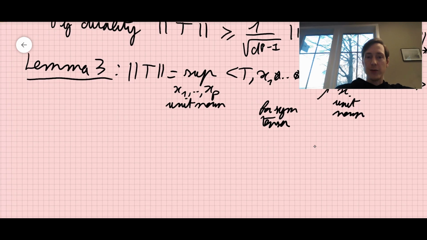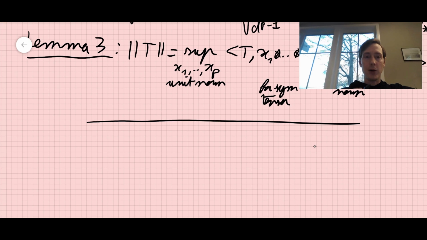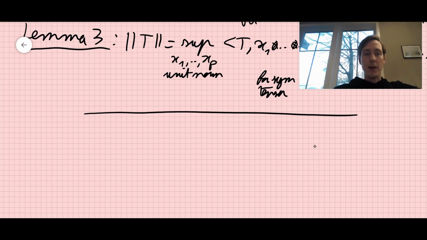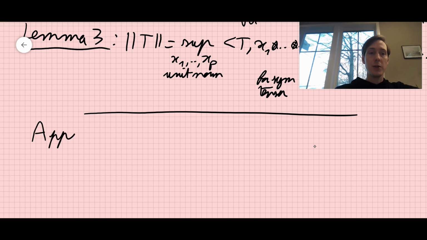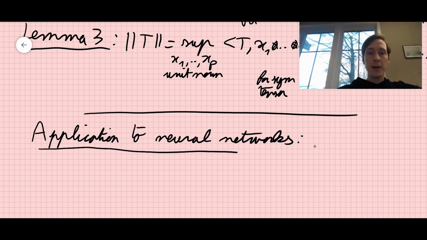Okay, very good. So now that we've seen the basics of tensor algebra, I'm going to tell you about some application of this to neural networks. So remember, what is a one hidden layer neural network?